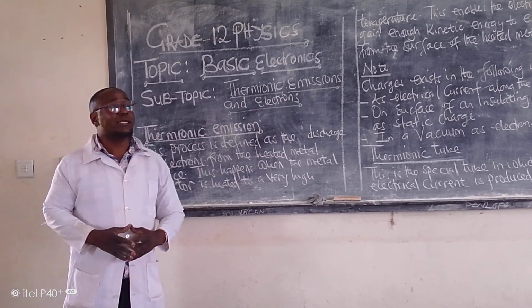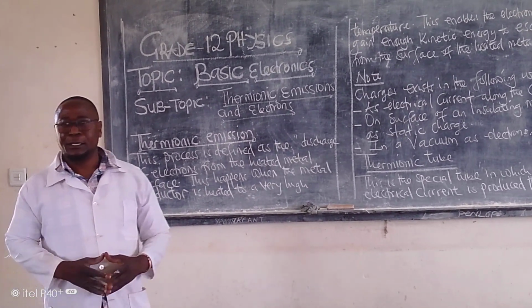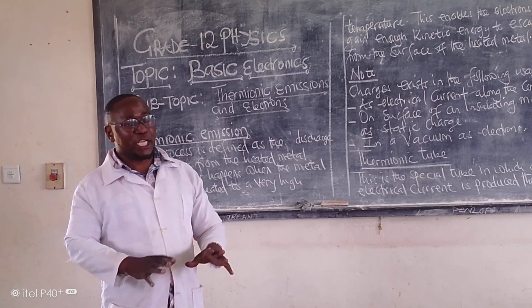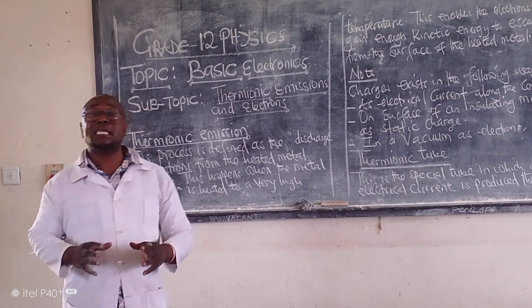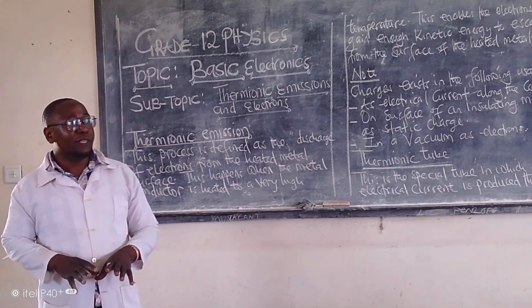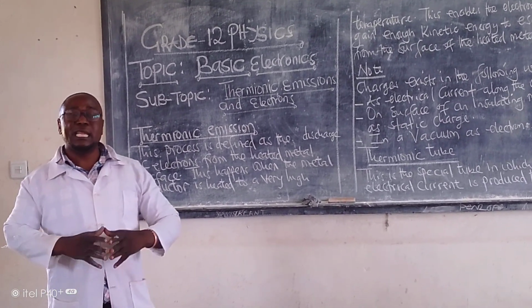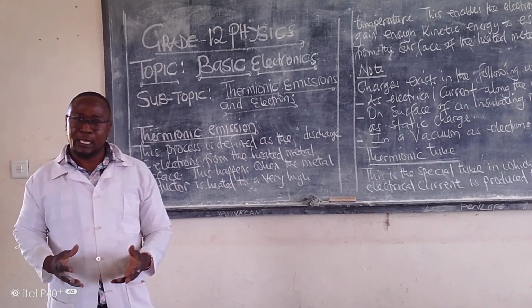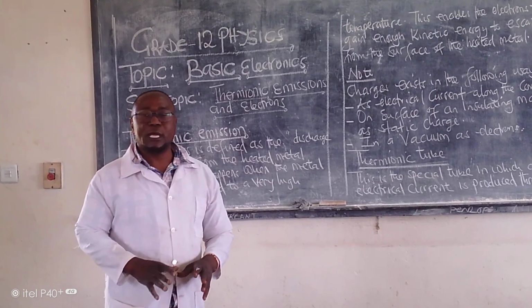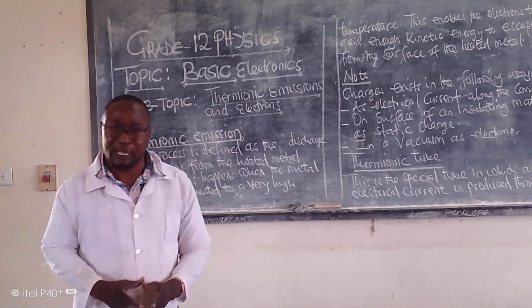In short, we say when it is heated up to red hot, because it is only at that stage that the electrons on the surface of the metal gain enough kinetic energy. They gain enough kinetic energy so that they can escape from the metal surface.